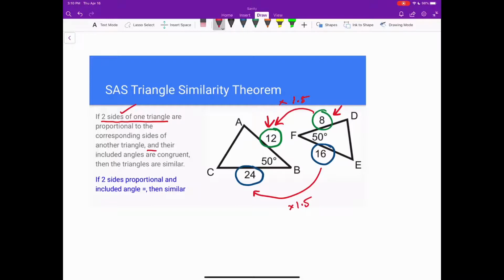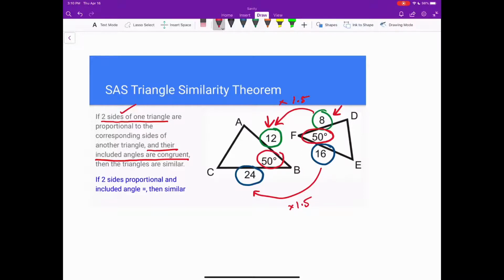And if their included angles are congruent, all right? So if you have two sides that are in common proportion, and if the included angle between those two sides are congruent, then you would have similar triangles. And in this case, hey, oh my gosh, we do have congruent included angles. So these two triangles would be similar using the SAS triangle similarity theorem.